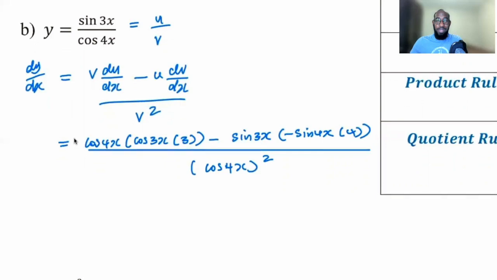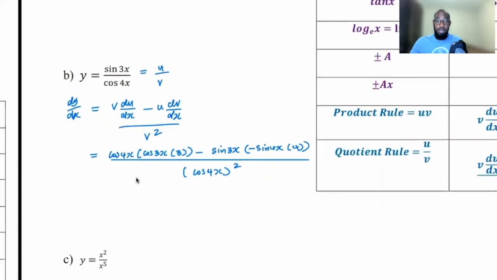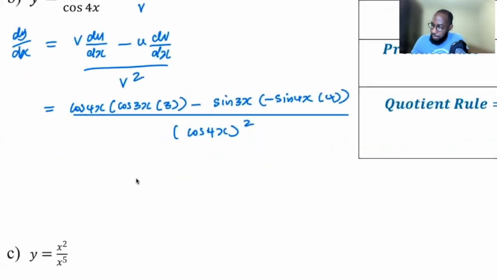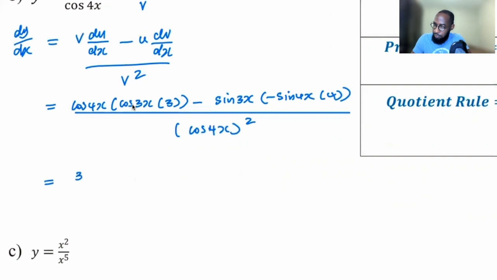Now, after this, you simplify. Simplifying is important, all right? So I put my 3 first. I can leave the cos 4x. I just like to write things in a certain order. So I will have 3 cos 3x cos 4x. When you're multiplying two different signs, it's a positive, pay attention to that.